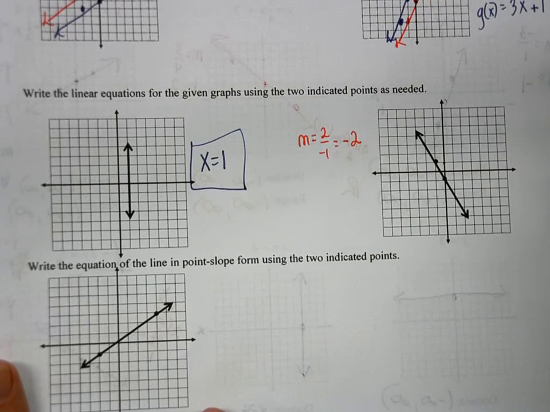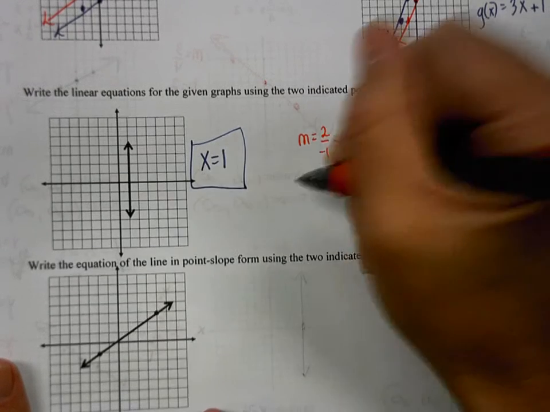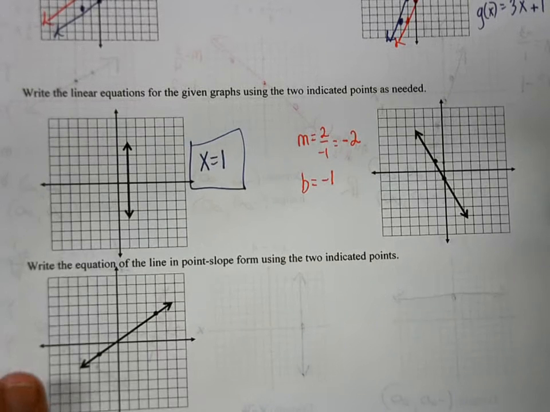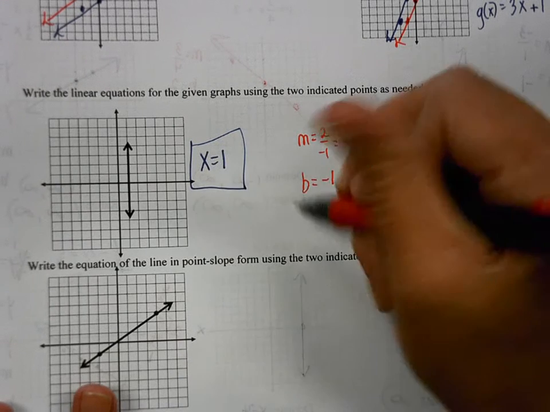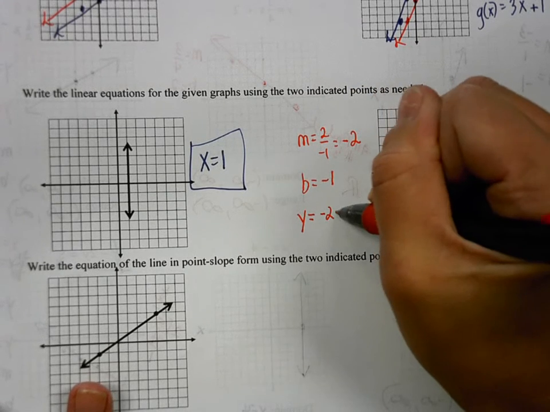Are we okay with that? And what is my y-intercept? Negative 1. So write that equation on your own. And you should have got y equals negative 2x minus 1.